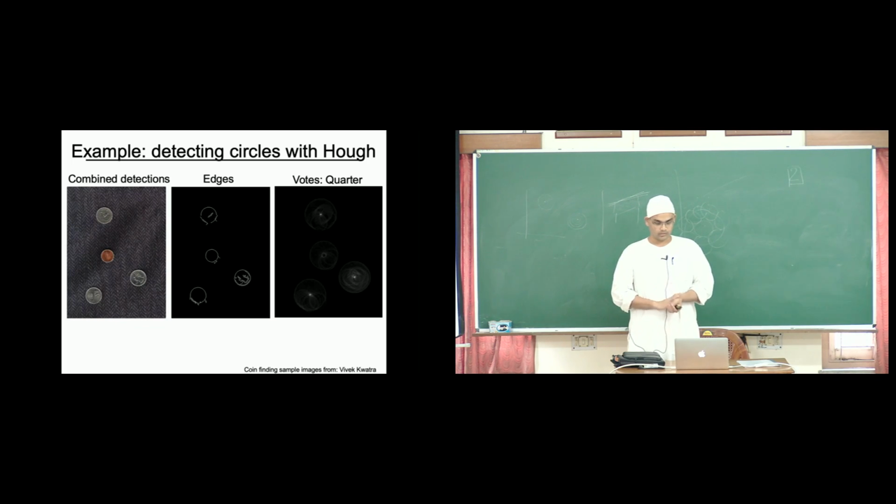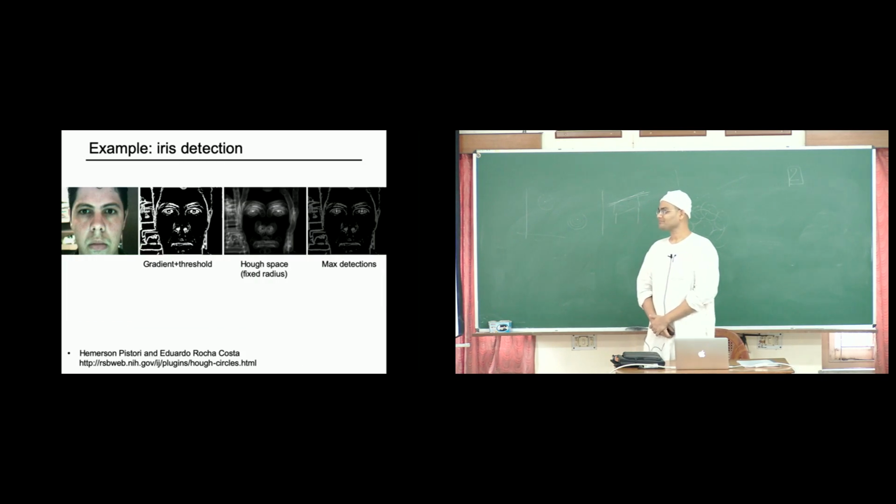This is one example, but another, probably more important example is detecting an iris in a face. In our face, the only thing that is exactly circular is the iris. Again, you cannot just apply this straightforwardly; you need to write your own code.